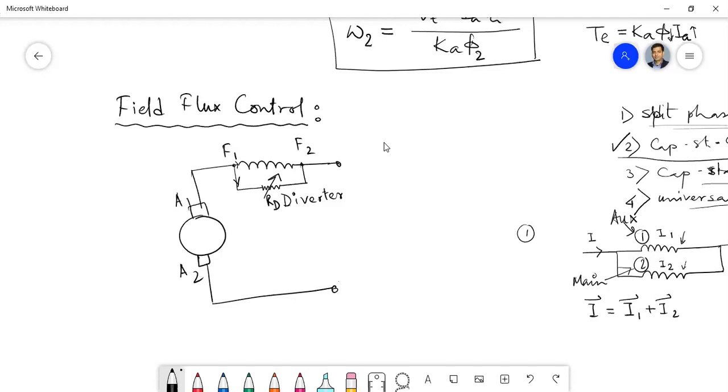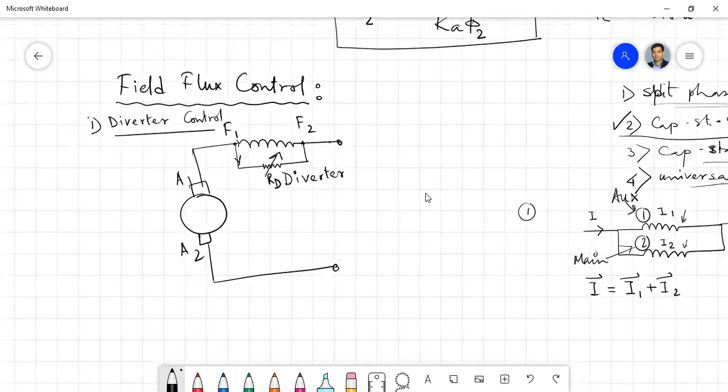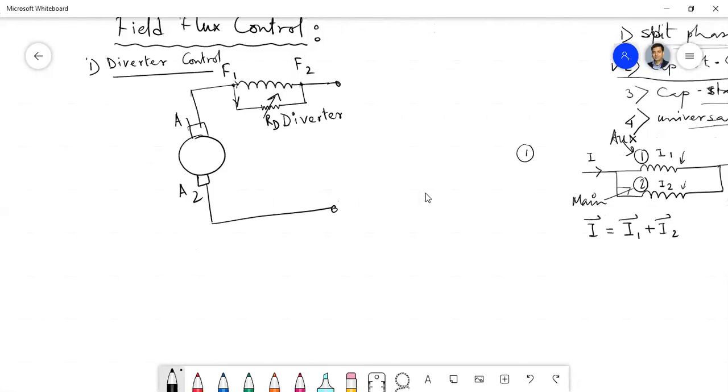Clear? So we can say diverter control. So this is one option. Another option.